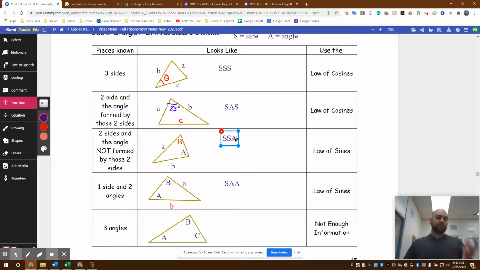If we have an angle that's not surrounded by two sides, then we're going to use law of sines. If we have two angles, we're going to use law of sines. And if we just have all three angles, we would call this an AAA. We don't have enough information to solve. A triangle like this, you know the three angles, that's all the information we can know. Until we know one side, we can't actually solve for anything else.